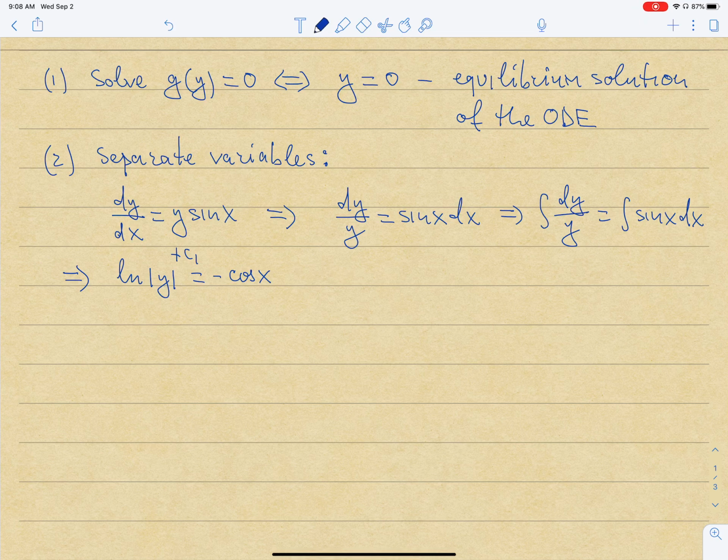When I'm integrating sine x, taking the antiderivative of sine, that also will produce another constant plus c2, but then I can bring c1 to the other side, and it becomes c2 minus c1. C2 is a generic constant, c1 is a generic constant, so their difference is also a generic constant, which I can simply call C. So in this case, I only need one constant when integrating both sides, because the two constants that I got, I can simply combine together.